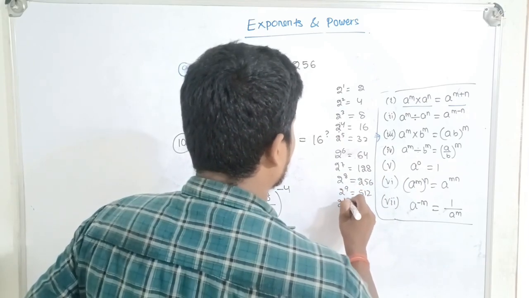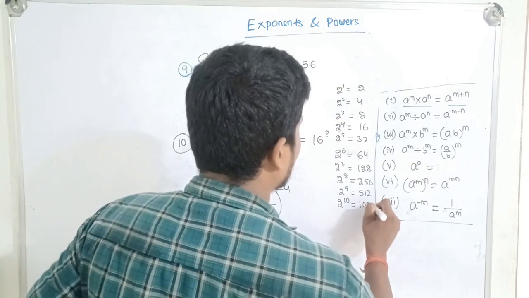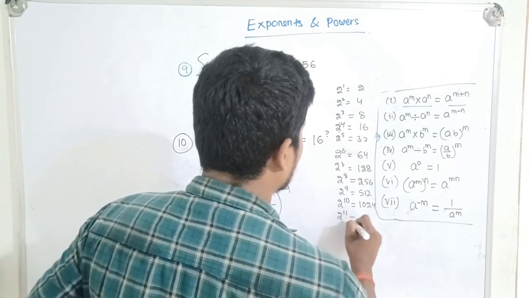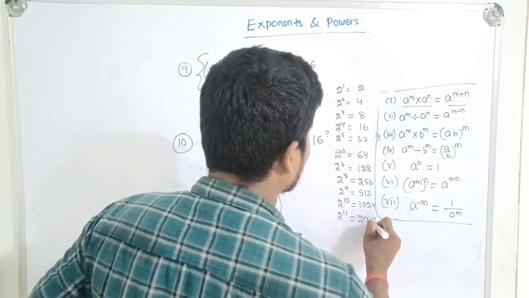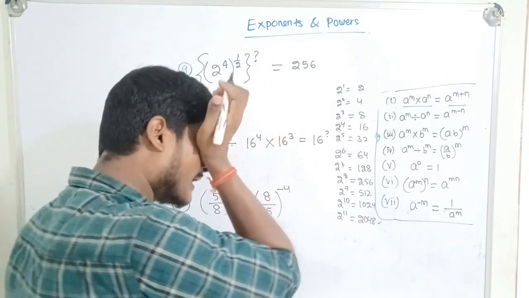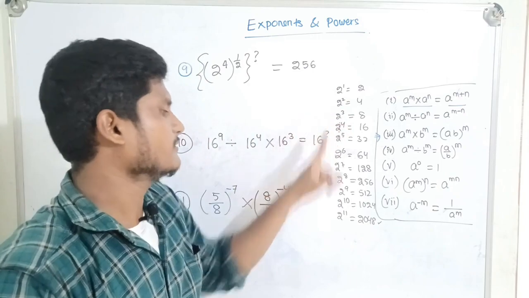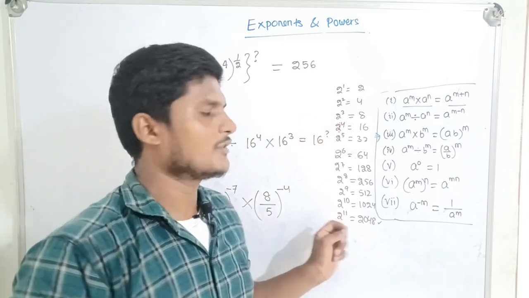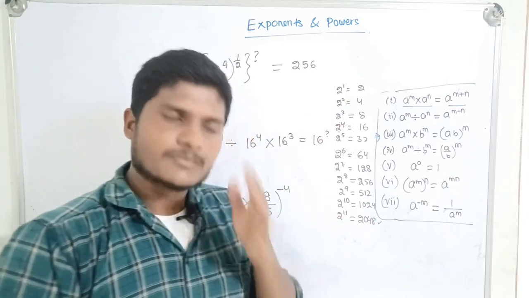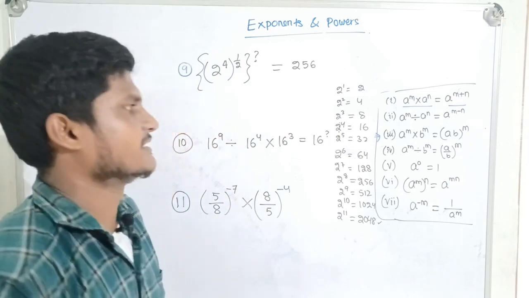And finally 2 to the power 10 is equal to 1024. If you extend this, 2 to the power 11 is equal to 2048. If you remember 2 to the power 1 up to 2 to the power 10, it is very helpful for your examinations.